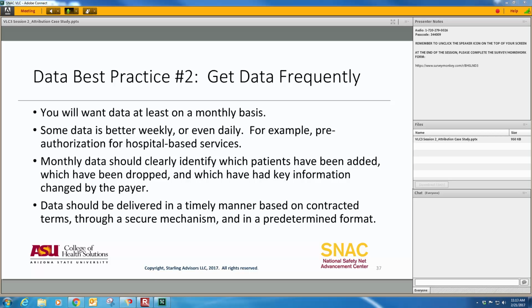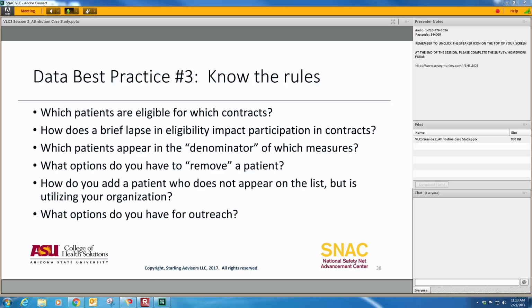And it should be delivered in a timely manner based on contracted terms, meaning if you sign a value-based reimbursement contract, it should have the terms in it of what data you're going to get when, and it should be in a predetermined format delivered by a secured vehicle. So you really want to be working with payers that have thought this stuff through, but if they have not, you really do need to be the one to make them make a commitment to you in terms of how it's going to work.